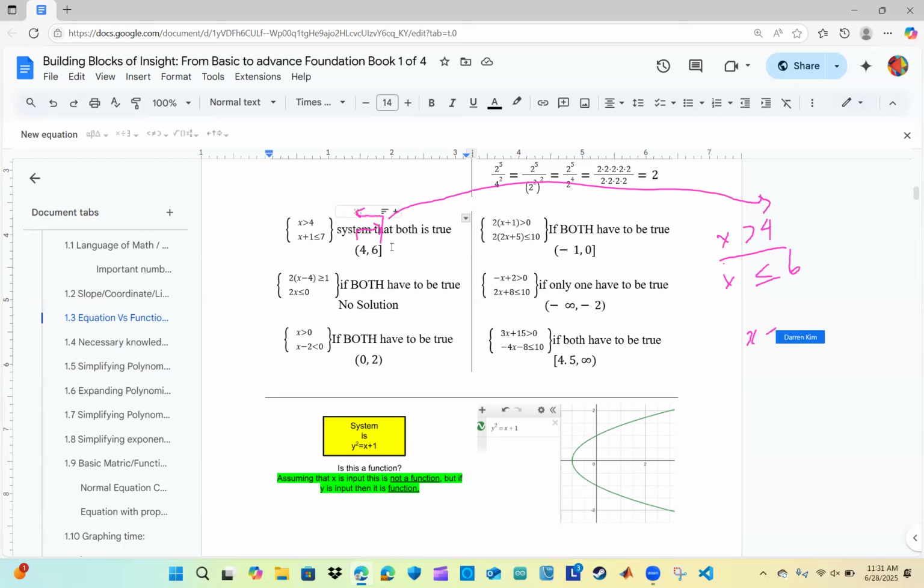Now this one is x plus 1 greater than 0. Then it's 2x plus 5 greater than 5. Yes, x greater than 0. Less than, so it's this way. And then x greater than, did I write x?